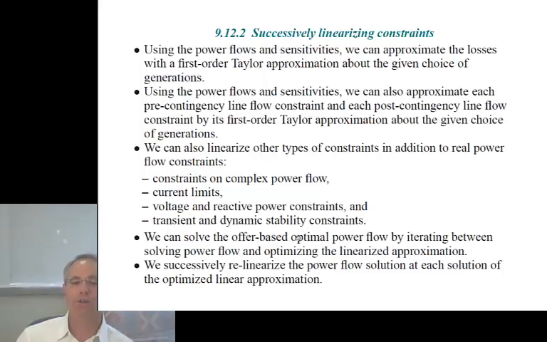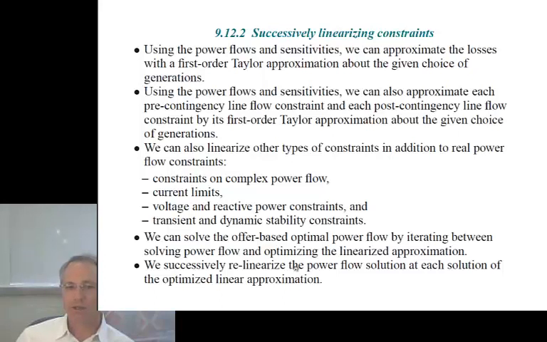The new generations are then used to update the power flow, resolve the power flow, refine the flows and the sensitivities, and then bring those approximations back into a linear programming formulation. So we can effectively solve the AC offer-based optimal power flow by iterating between solving the power flow and optimizing the linearized approximation.